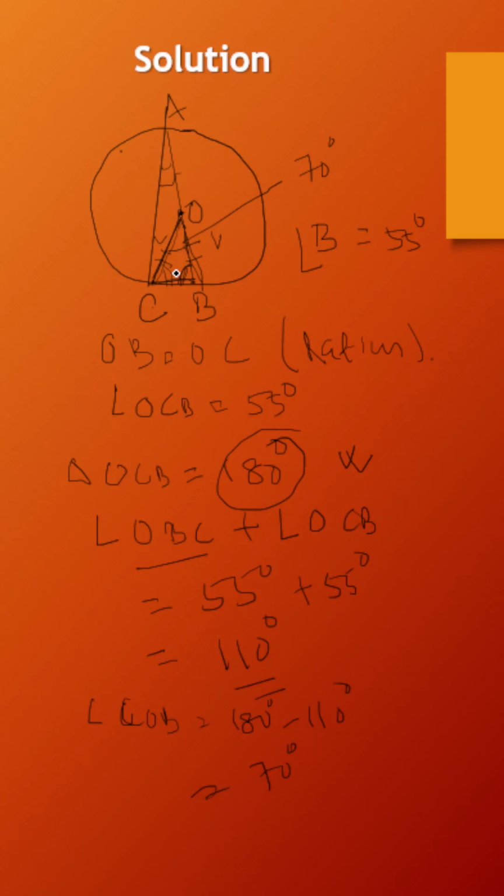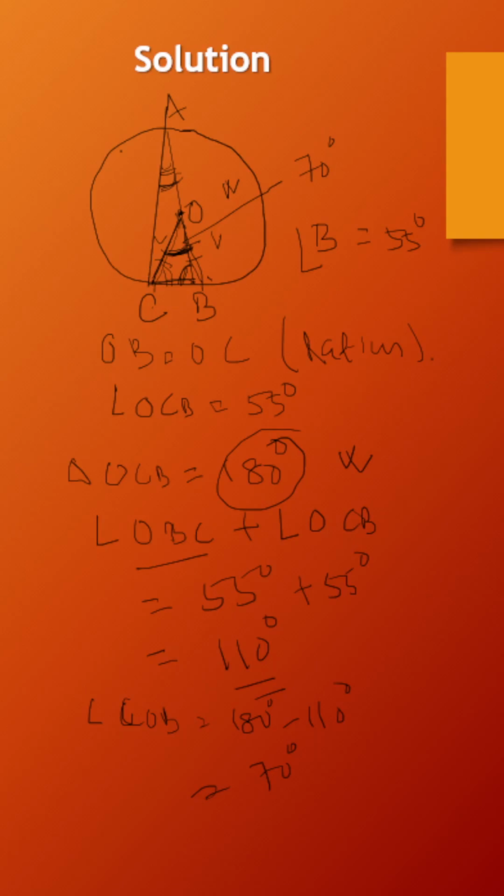The theorem says the angle formed at the center of the circle is twice the value of the angle at any point on the circumference. So the angle COB is twice angle CAB. Here point A is the circumference point where the angle has been formed.